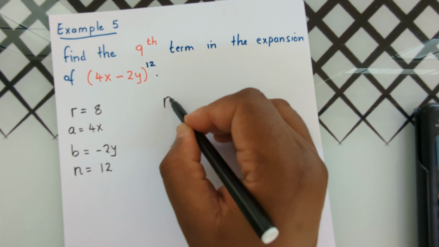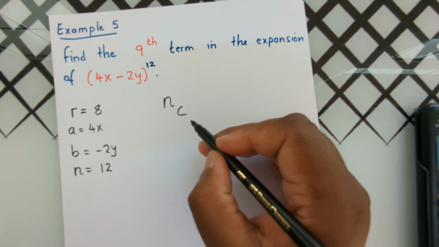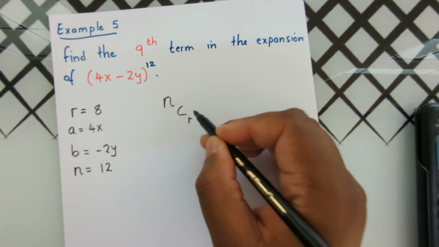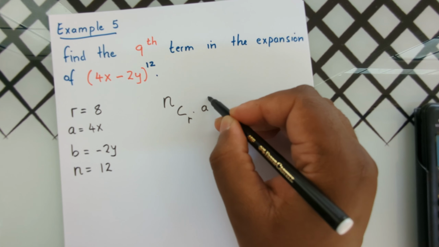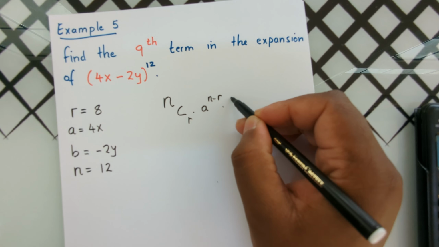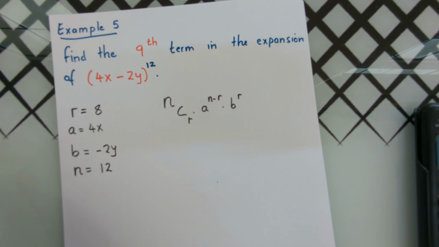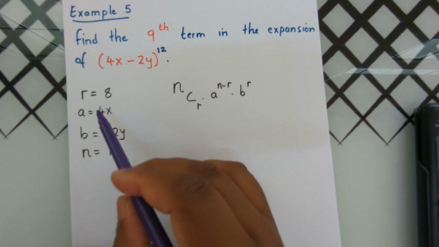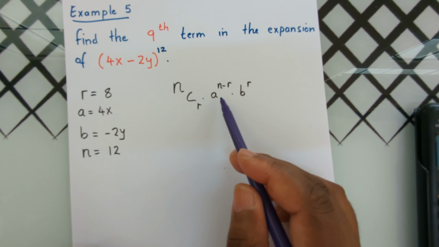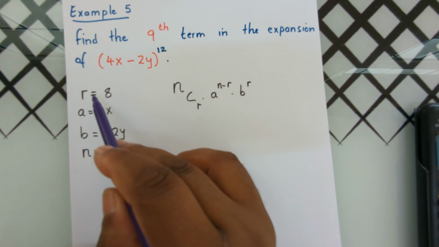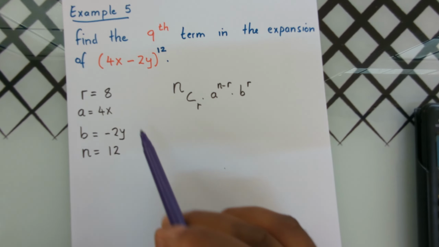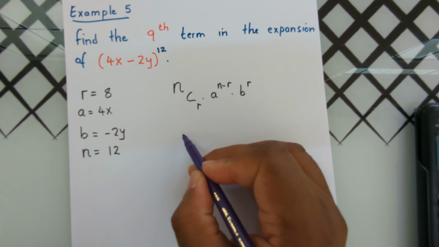And we know that our formula, our binomial theorem, is n choose r multiplied by a to the power n minus r multiplied by b to the power of r. Now let's replace the values of a, b, n, and r with the ones that we took from this question here.